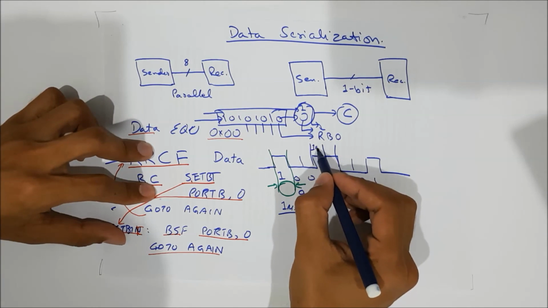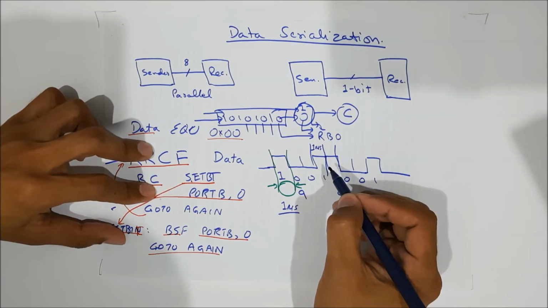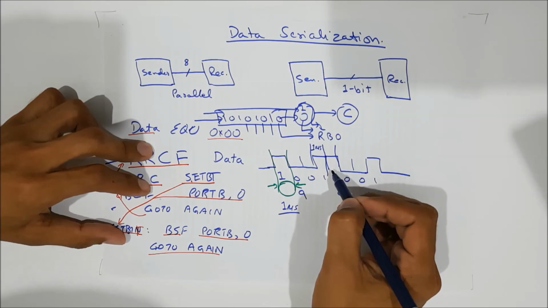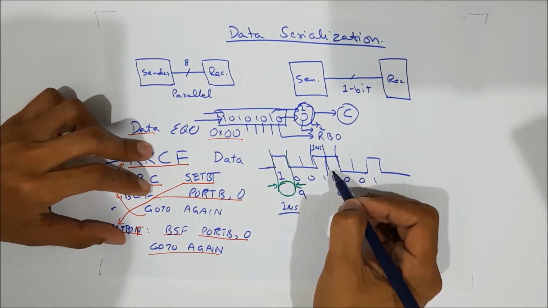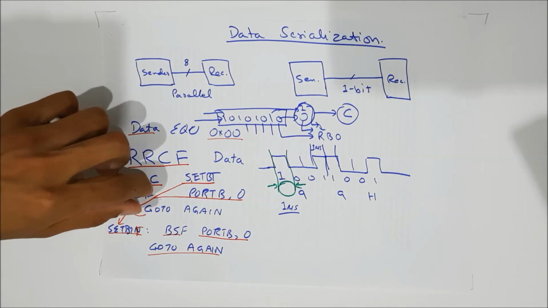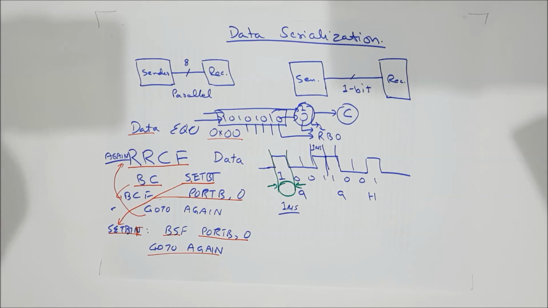I will check at the receiver end every 1 microsecond and see whether the bit changes. I will take it as the next bit. After each 1 microsecond at the receiver end, I will manually change my bit number and keep receiving this data in a similar manner.